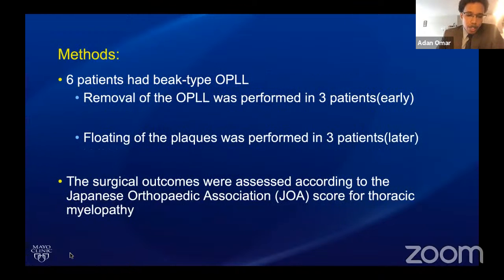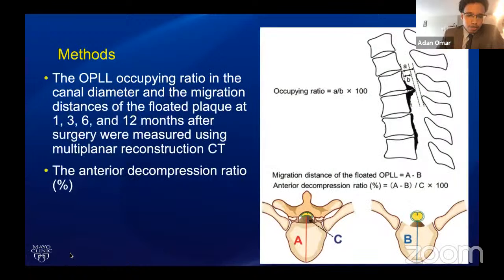For the 6 patients with beak-type OPLL that underwent anterior decompression from a posterior lateral approach, the first 3 patients in their study had the OPLL removed, while the last 3 patients had the floating technique. The surgical outcomes were assessed with the Japanese Orthopedic Association score for thoracic myelopathy, which is derived from the scoring system for cervical myelopathy.